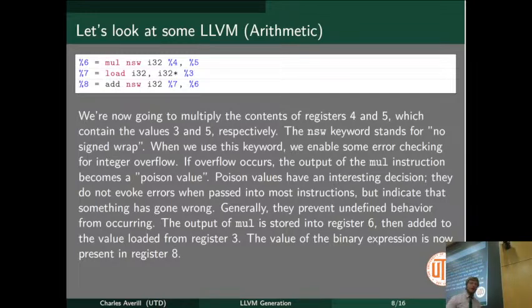They're just going to get propagated through your program, and usually those instructions that don't throw an error when you pass a poison value into them are just going to spit out another poison value. And the general idea is that they just prevent undefined behavior, because instead of computing whatever value you were trying to compute with a value that's gone out of bounds or something, it's just going to do a hard stop and return poison, which is just going to stop your hardware from computing things that you didn't intend for it to compute.